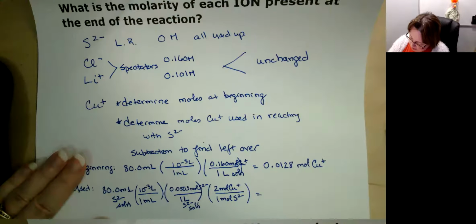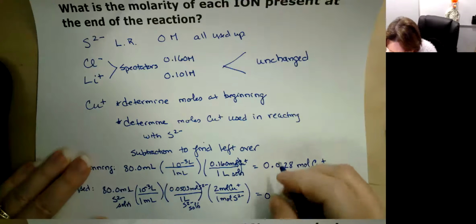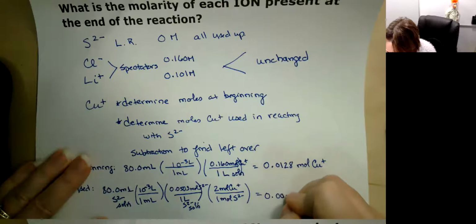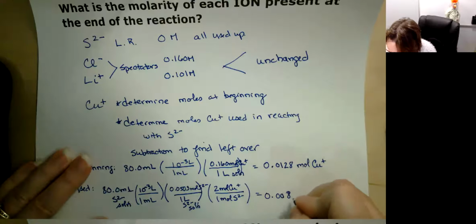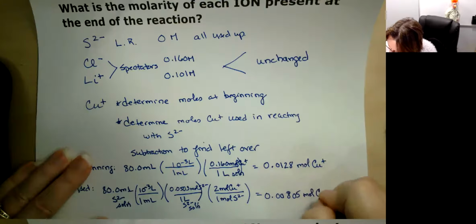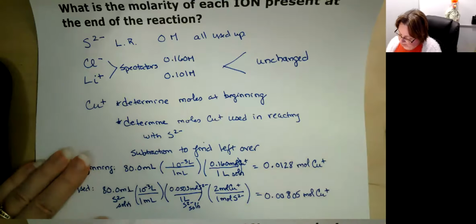So let's get our calculators out again and find out what that is. 0.0503 times 2. We get 0.00805 moles of copper ion.